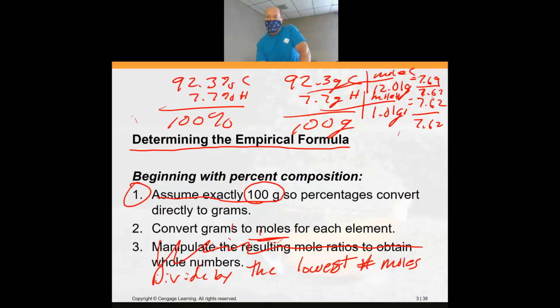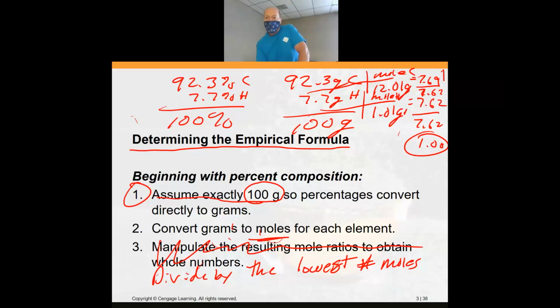So you simply divide by the lowest number of moles, and the one that has the lowest number is 1. When you take your 7.69 and divide by 7.62, you get 1.01. So this is also 1.